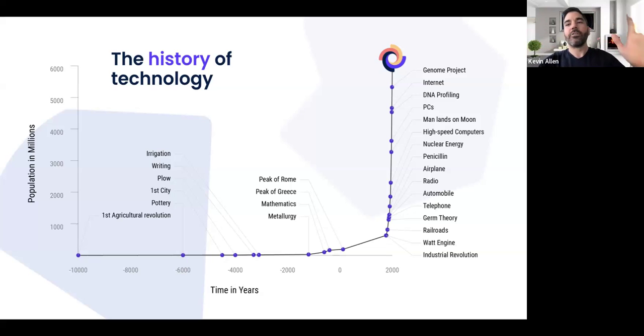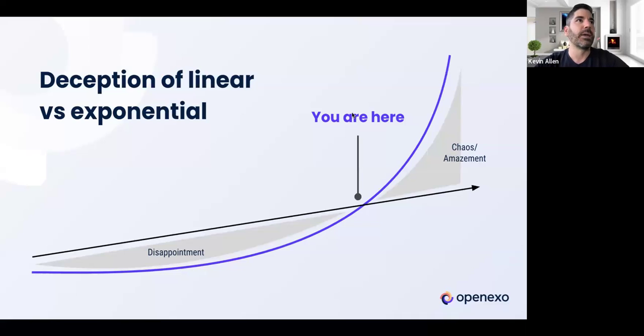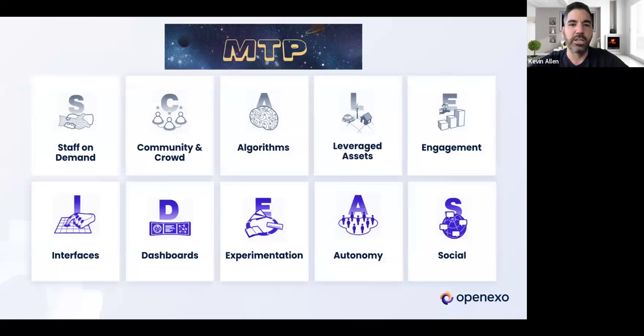So we all know we're living in unprecedented times, right? Where there are a number of exponential technologies that are making a massive impact in the world. And these exponential technologies tend to be very disappointing in the beginning, but then cause amazement and chaos. Of course, we're over that crossover line when it comes to something like large language models, right? Those are currently in the very disruptive phase of a technology.